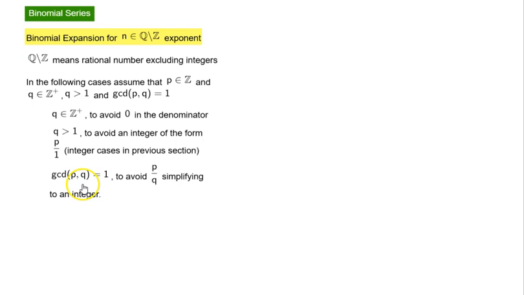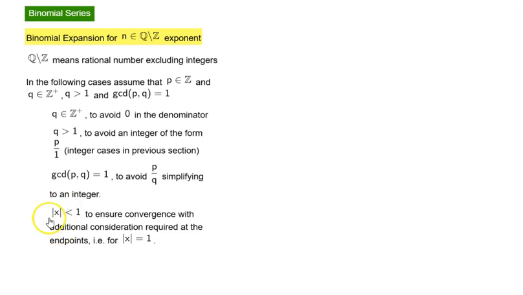And GCD of p comma q equal to 1 to avoid p by q simplifying to an integer. So that's why these conditions are there. And absolute value of x is less than 1 to ensure convergence, with additional consideration required at the endpoints for absolute value of x equal to 1. Now let's look at the different cases.